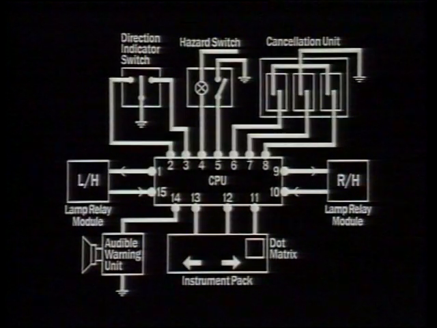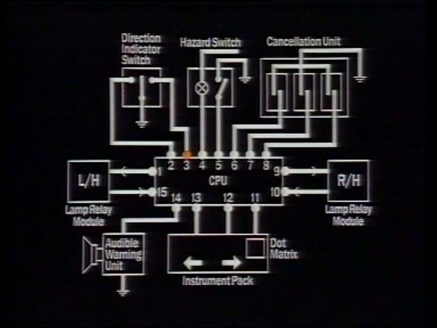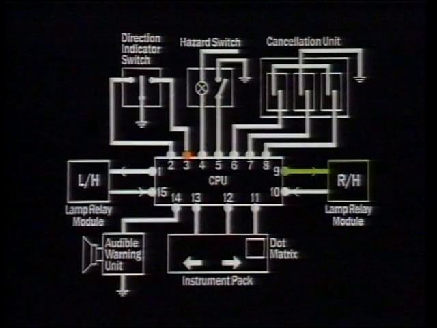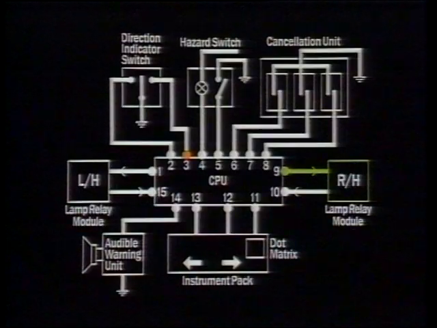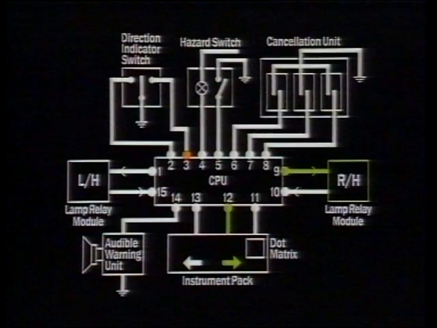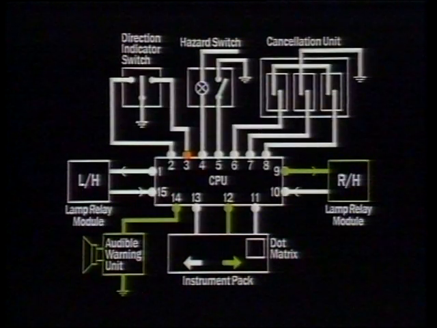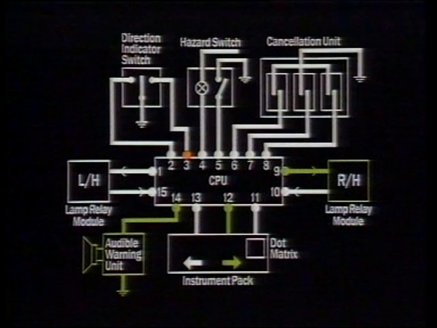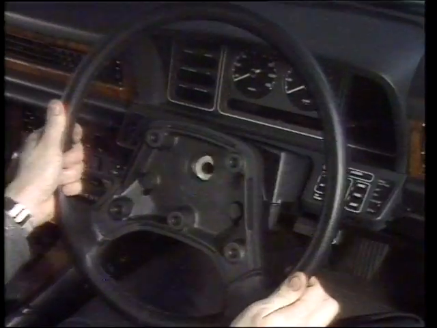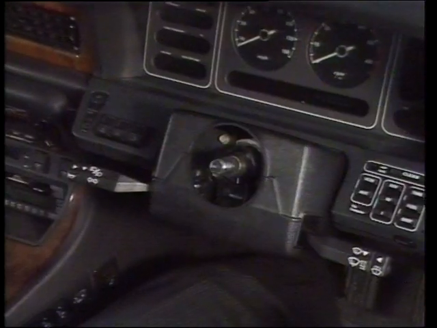The CPU has been programmed to control the indicator functions and responds to the input from the indicator switch by sending intermittent outputs to the right-hand lamp relay module, the instrument pack, and the audible warning unit. Once the indicator circuit has been activated, the CPU will monitor the 3 reed switches.